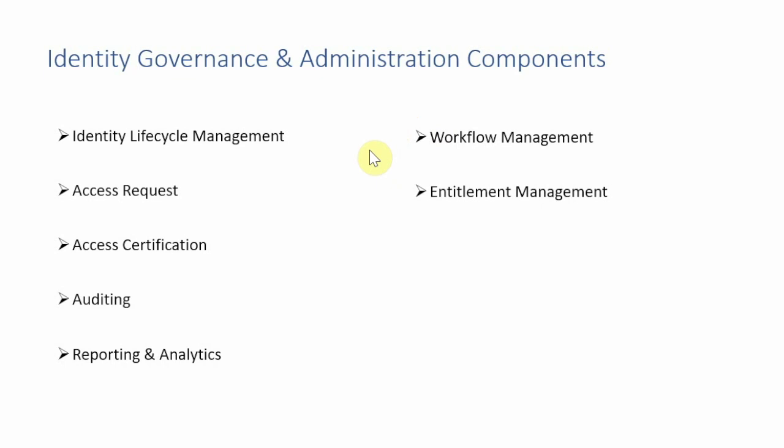Whenever one user needs some access to another system or needs more privilege to the system, he raises an access request. This access request needs to be documented and needs to follow different predefined steps. It should be approved by different managers or different application owners. So managing this is access request management.